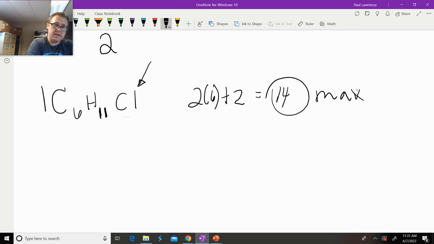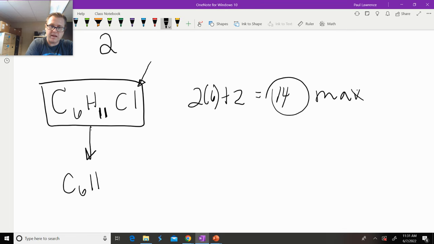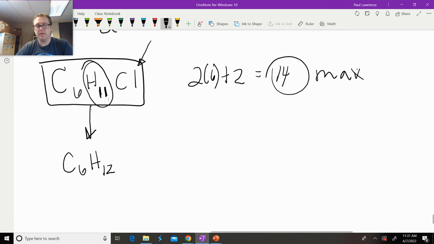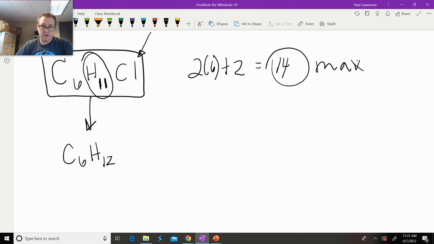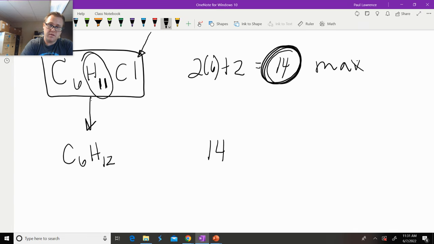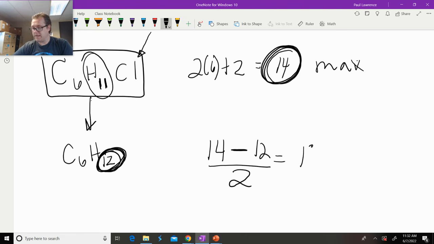So you rewrite this molecule as C6H12. We're adding 1 hydrogen for every halogen atom we have. Now we take the maximum amount of hydrogens minus how many we have, divided by 2, and that's going to equal 1 degree of unsaturation.